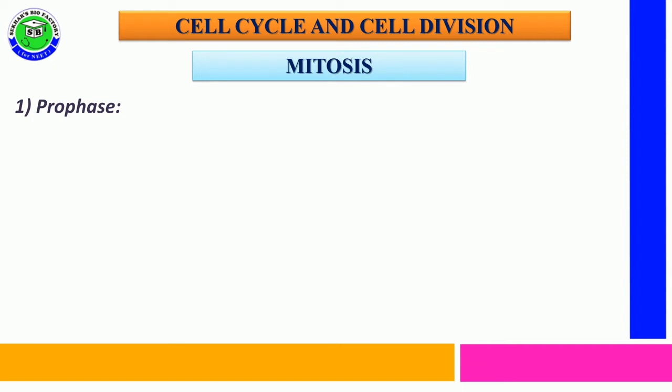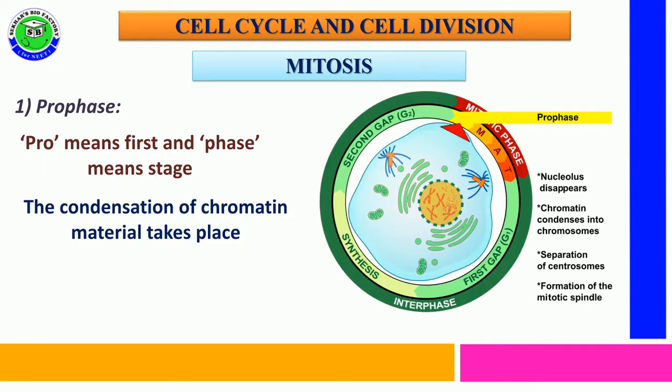In prophase, pro means first and phase means stage. When the cell enters the M phase during the cell cycle and enters prophase, we can observe some important features like condensation of chromatin material into chromosomes.